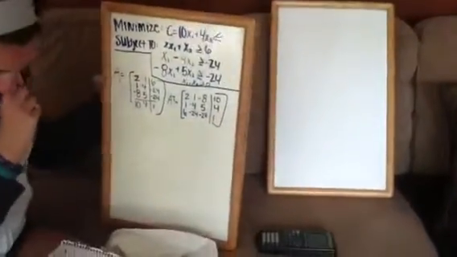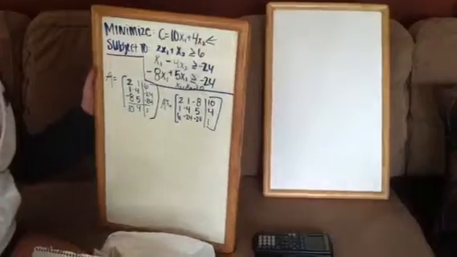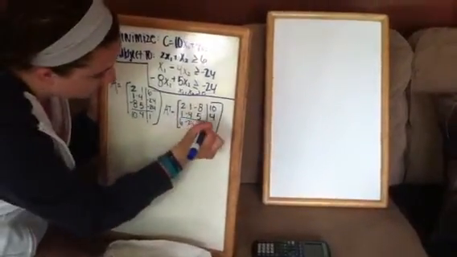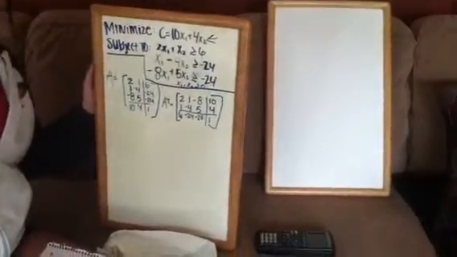Okay. Now, we need to make this into a maximization problem. That's our A transpose.